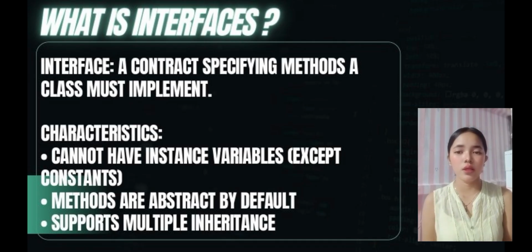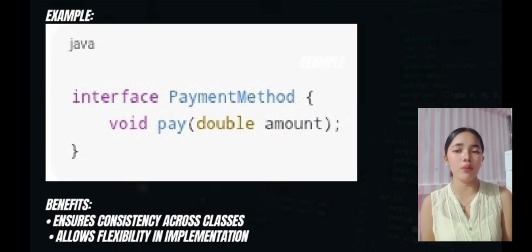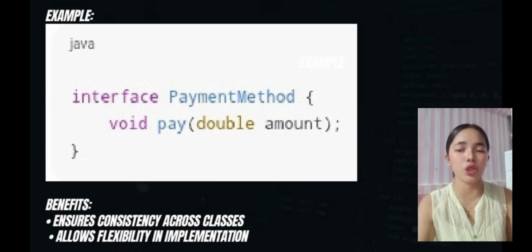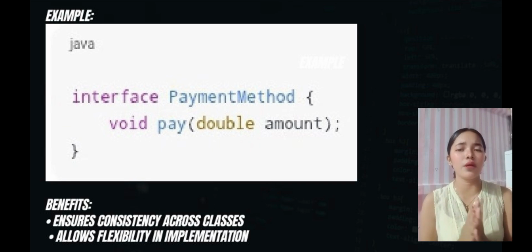So let's give an example. Java interface PaymentMethod, with a method void pay(double amount). So the interface PaymentMethod has a method pay. Any class, for example Cash or CreditCard, that implements PaymentMethod must create its own version of the pay method. The benefits of an interface are, first, it ensures consistency.